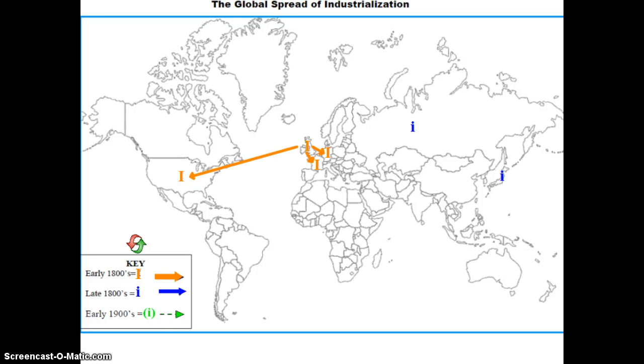Also industrializing in the late 1800s is the Ottoman Empire. The Ottoman Empire we haven't discussed in a little while, but here is the Ottoman Empire centered right here. It begins industrializing with building railroads and telegraphs and adopting European styles and culture.